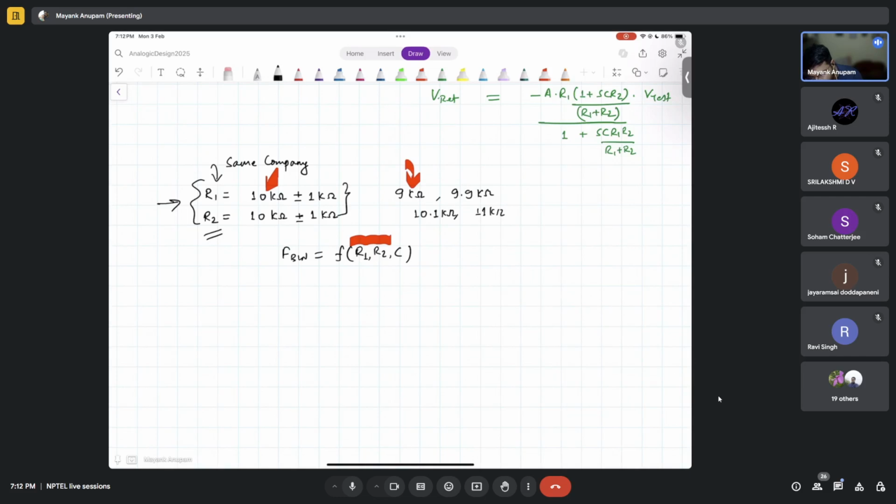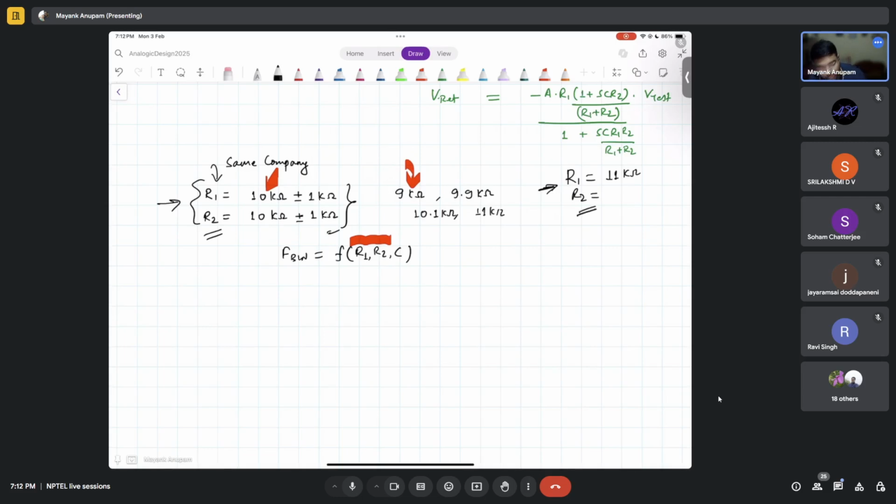But one thing that the company is guaranteeing is that these resistors, whatever their variation is, are completely uncorrelated. Which means that let's say you buy one resistor, R1, and it is 11 kilo ohms. For the other resistor that you buy after this one, you cannot say anything about what its value will be.